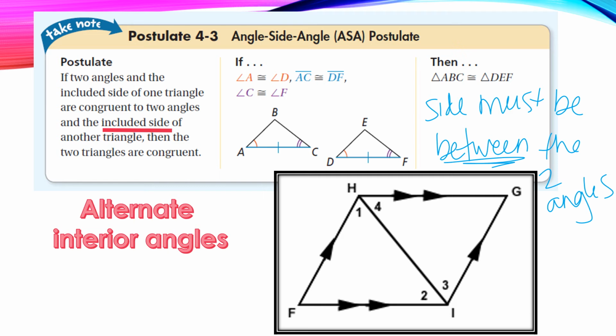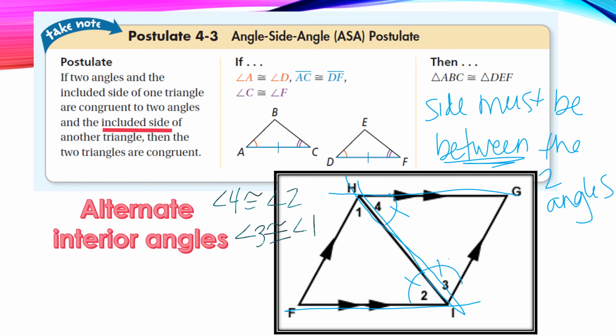Okay, so then looking at our example here, we have two parallel lines, right? So that means this is our transversal. Angles 4 and 2 are congruent because they are alternate interior angles. And then angle 3 and angle 4 are also congruent because they are alternate interior angles.